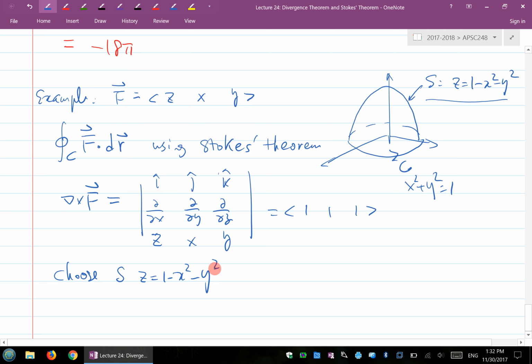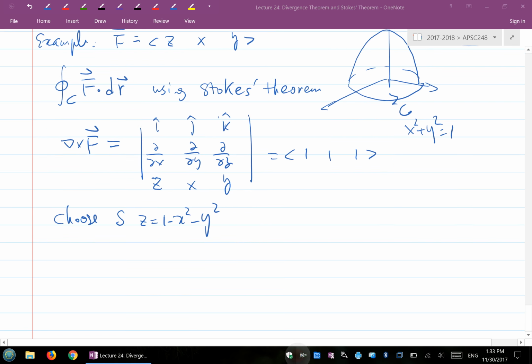If I choose this surface for the surface integral, then the first thing to ask is, which case does that correspond to? Basically, which formula should you choose for the surface integration? This is in the format of an explicit surface, so z equal to f of x, y.